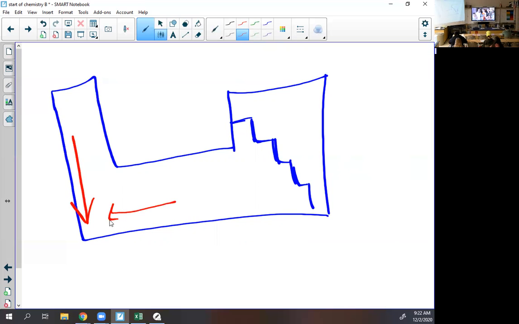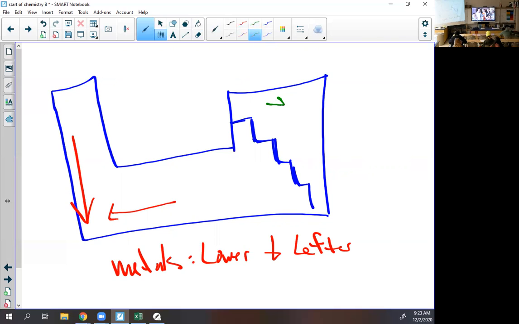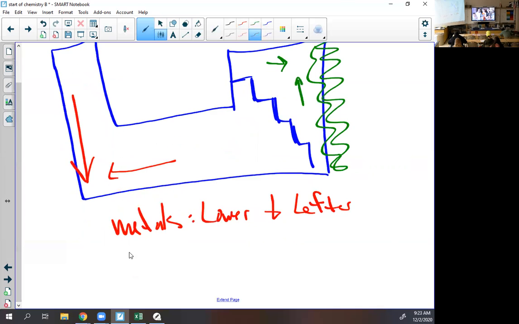But you need to know for metals, it's lower and lefter. We all right with that? Lower and lefter, the more reactive. Then for nonmetals, excluding family 8, it is the higher and righter.